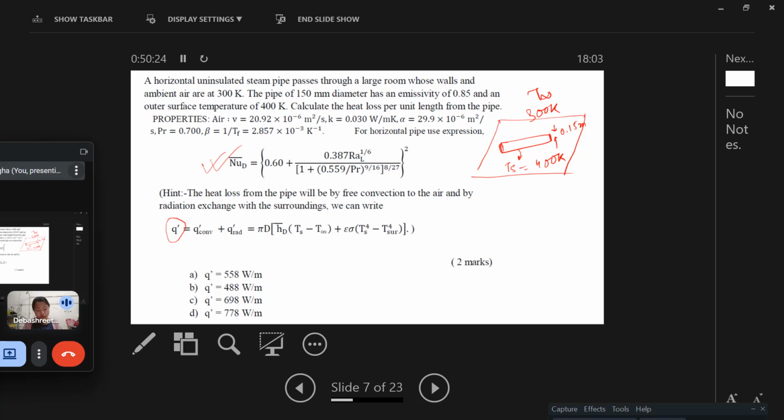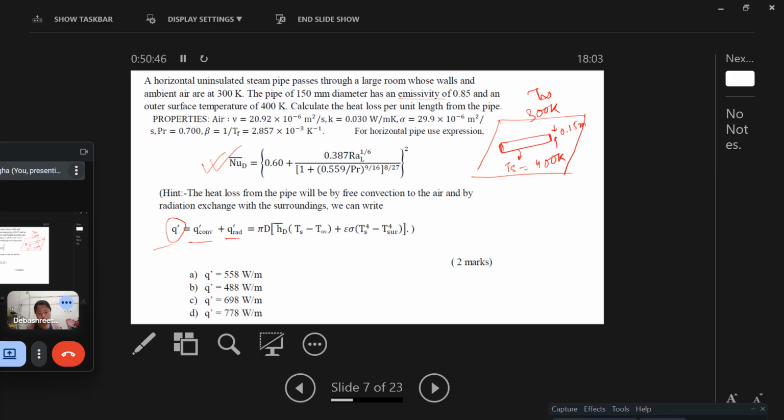Okay, so here the heat loss is taking place due to convection as well as radiation. So the total heat loss is the summation of both Q due to convection and Q due to radiation.